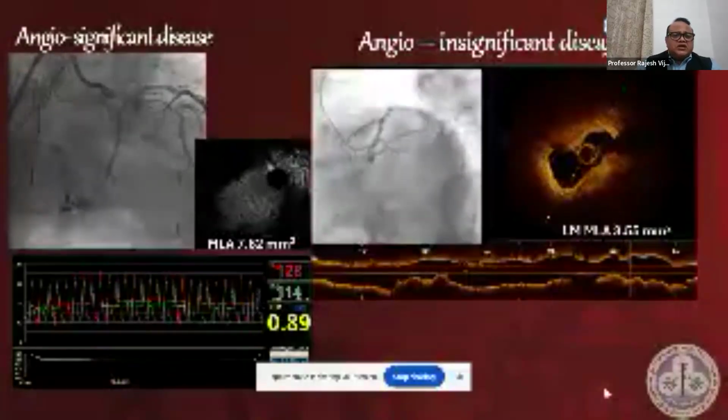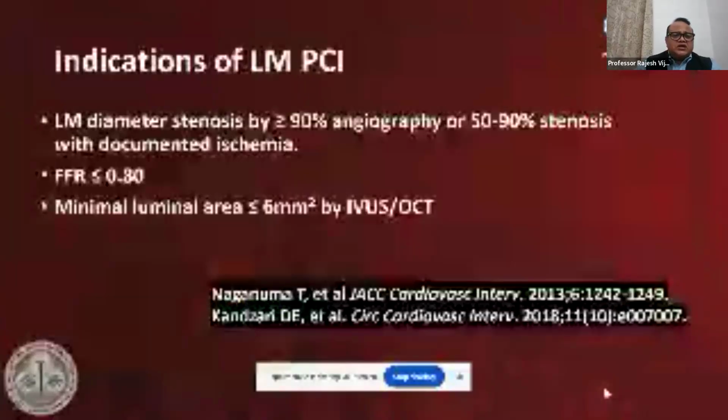What are the indications for left main PCI? Any left main stenosis of 50 to 90% with documented ischemia is supposed to undergo revascularization, or otherwise an FFR less than 0.8 or minimal luminal area of less than 6 millimeter square on intravascular imaging, whether IVUS or OCT.